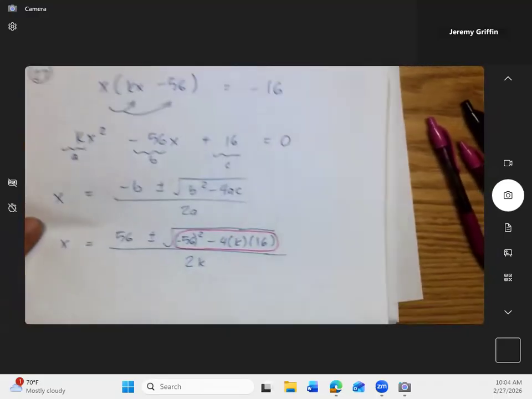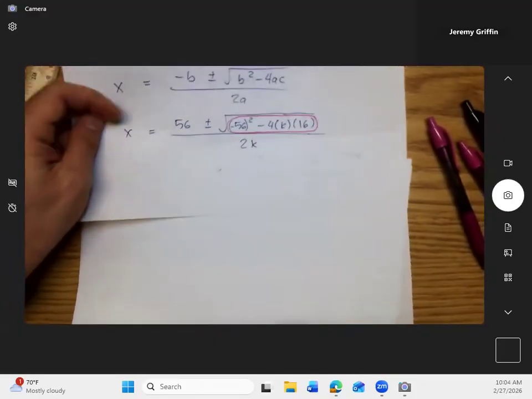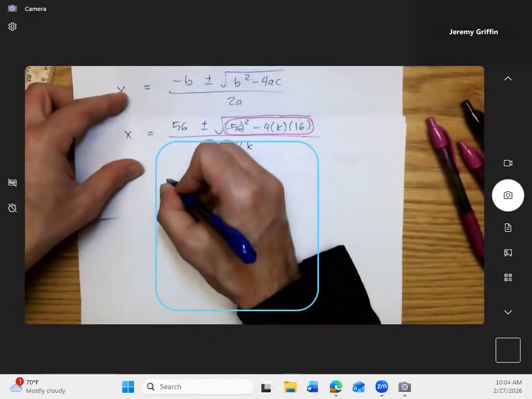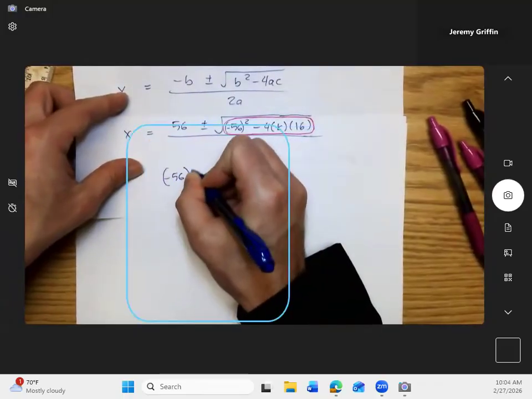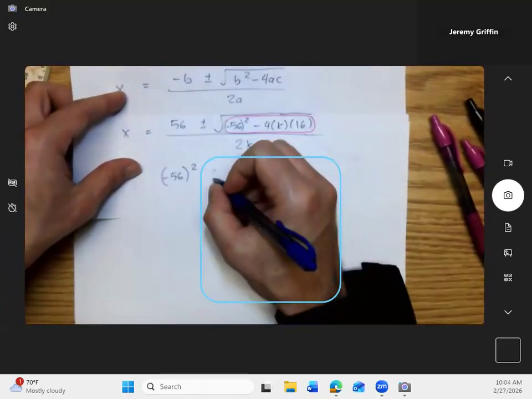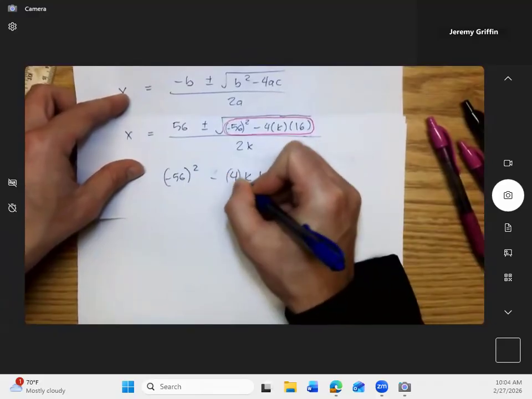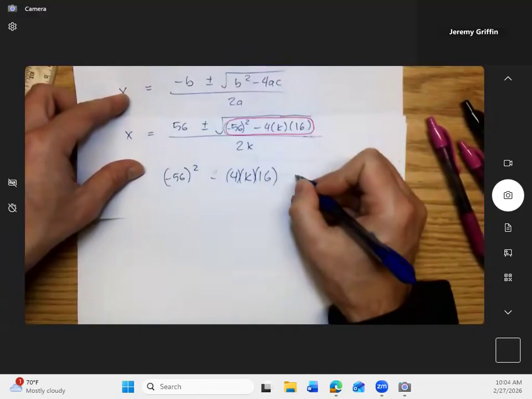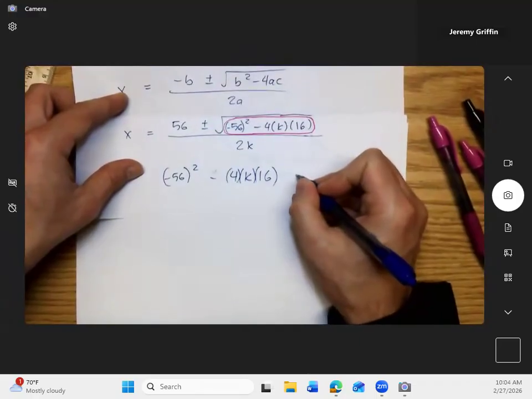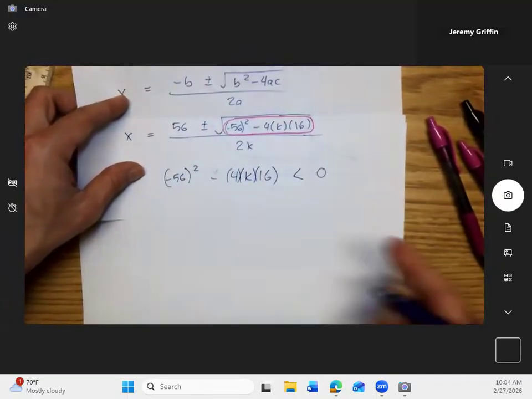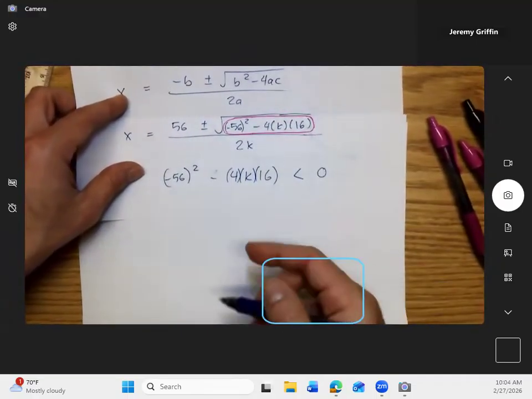Is that okay? Because if you take the square root of a negative, you get an imaginary value. I think you both call them complex. Okay. So let's take negative 56 squared, which is 56 squared, same thing, minus 4k times 16. And if that has no real solution, that has to be strictly less than 0. Because if it was equal to 0, there would be one solution. It has to be strictly less than 0.